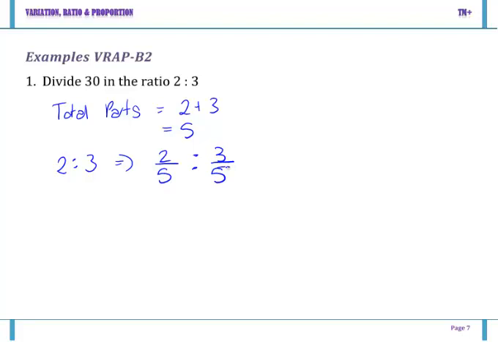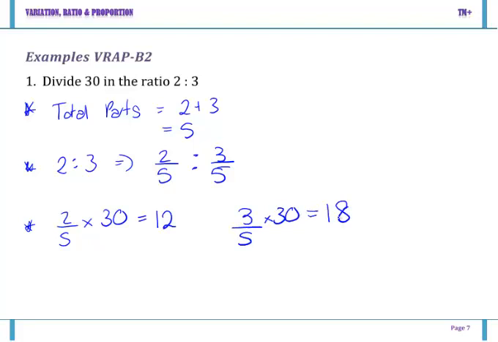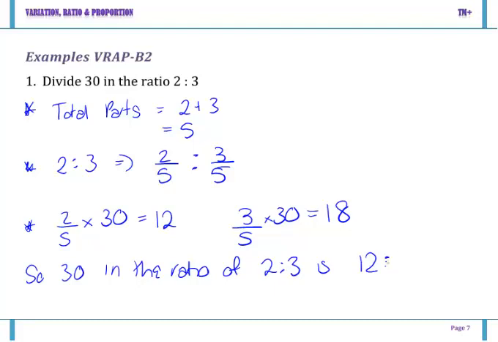So from there we want to divide that 30. 2 over 5 times 30, and you can do that on your calculator if you want. You can do it by hand and you'll get 12. 3 over 5 times 30 and you'll get 18. So 30 in the ratio of 2:3 is 12:18.